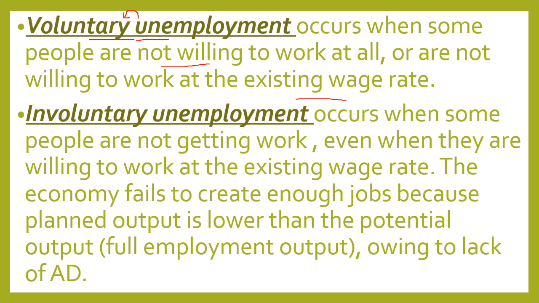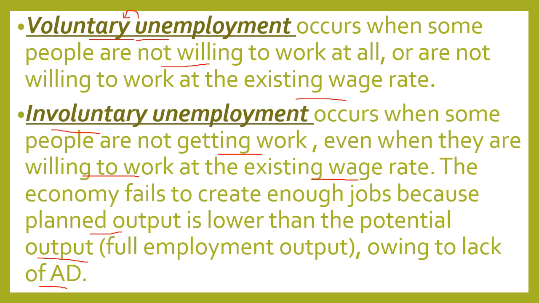Now the next one is involuntary unemployment. It occurs when some people are not getting work even when they are willing to work at the existing wage rate. The economy fails to create enough jobs because planned output, that is AS, is lower than the potential output, full employment output, owing to lack of AD.